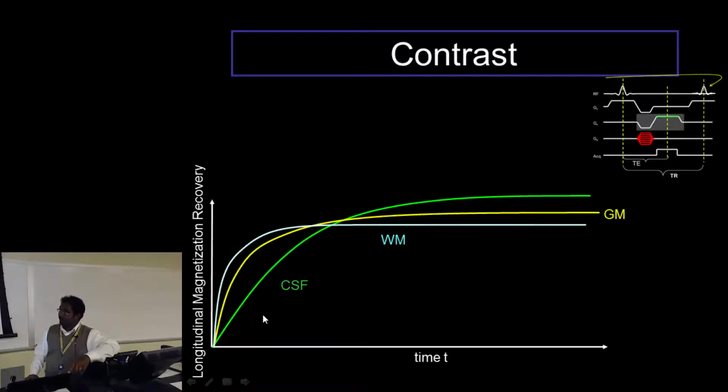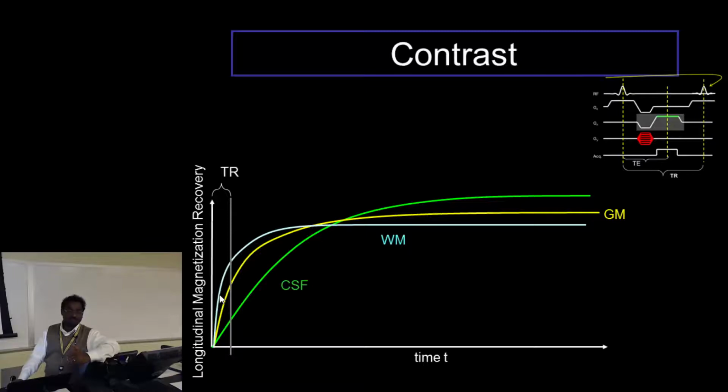If you want T1 weighting, if you wait too long, you're just seeing the spin density differences. Right near the recovery, in this domain, is where you're seeing the T1 differences in the tissue, right? So you want to capture at that point.